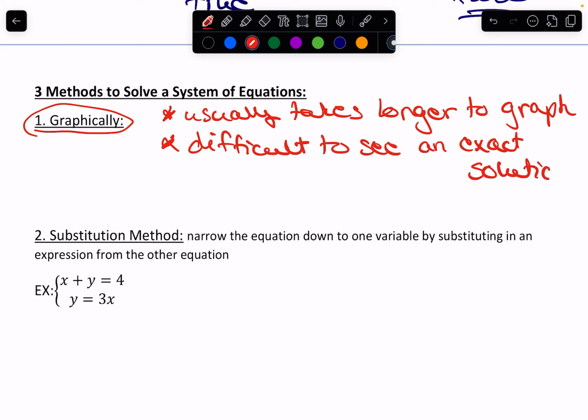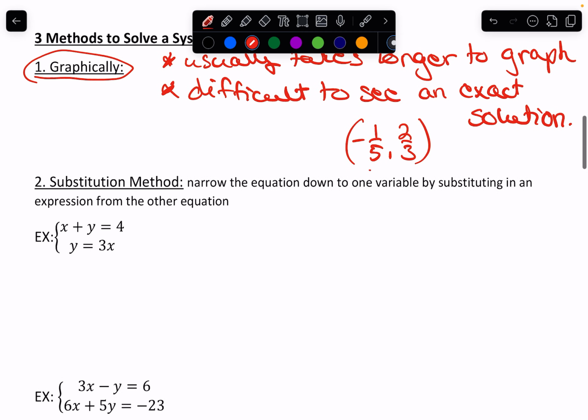So for example, if our solution is negative 1/5 and 2/3, which it can be, this would be hard to read from the graph. You can always check by graphing, but that's not the most suggested method to do.